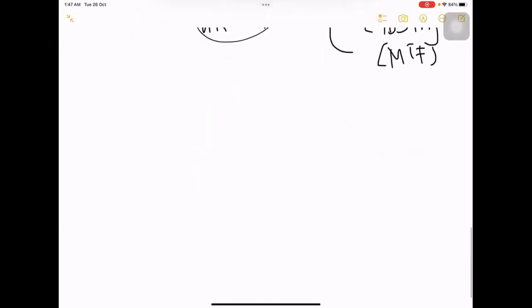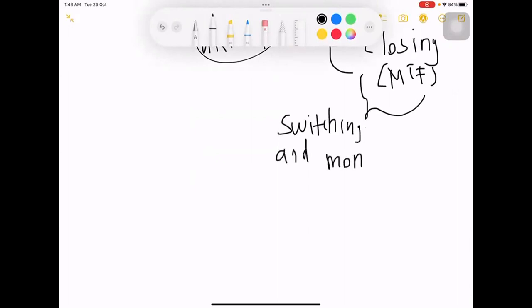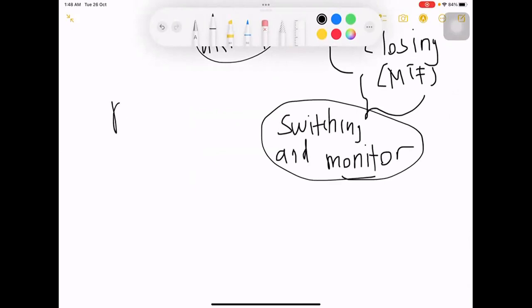Multi time frame, because we must switch and monitor. So in our properties we have what?